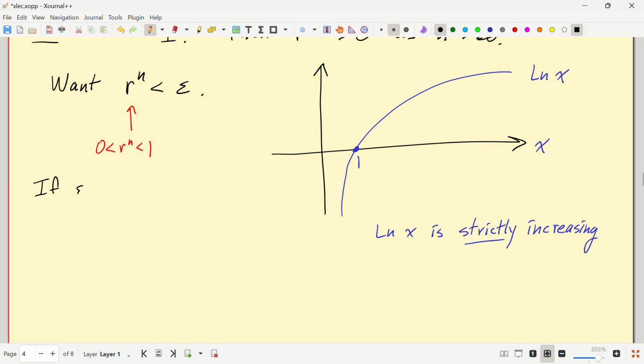If epsilon is bigger than or equal to 1, all the r^n's are less than epsilon. So we only have to think about epsilons that are between 0 and 1. If epsilon is between 0 and 1, then it's over here.